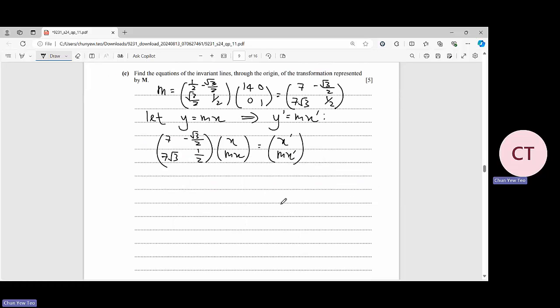Okay, so now get ready. If you multiply them, you will get this one as 7 minus 3 over 2 m x, then this is 7 root 3 minus half m. That is equation 1. That is equation 2. Take equation 1 divide 2, or 2 divide 1. So you get this.